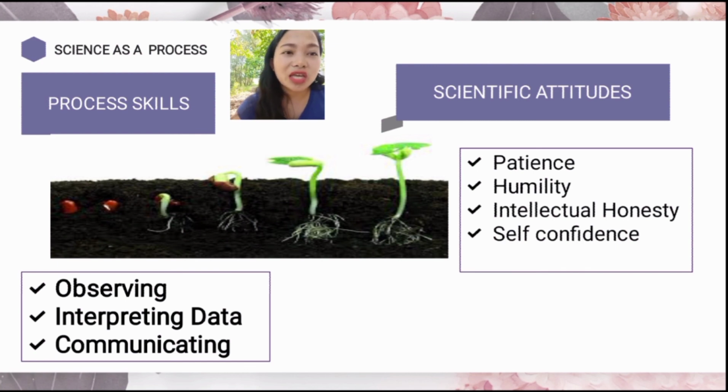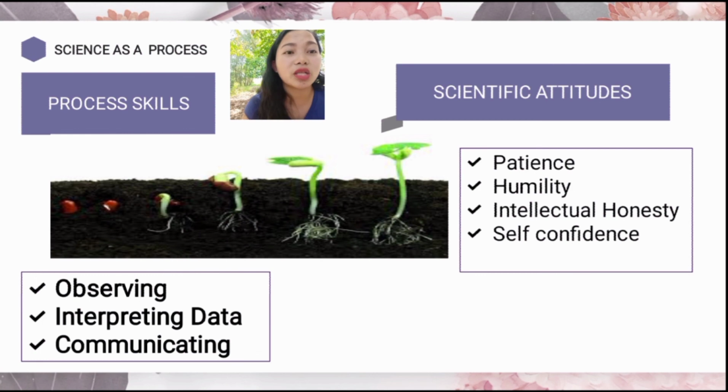And for the scientific attitudes, we have patience, we have humility. Why patience? Because that is 1 week, that is 4 days, I guess. So they have to wait for the progress to show in order for them to report what the changes are from seed until it grows to a plant.